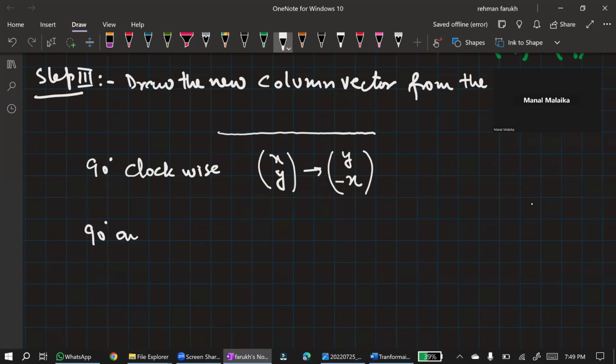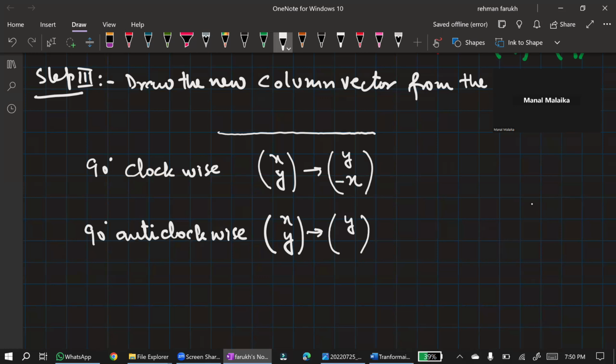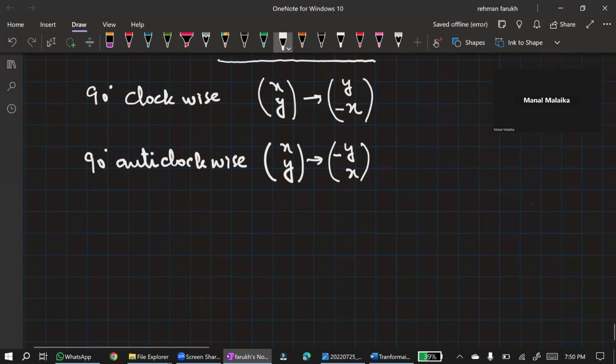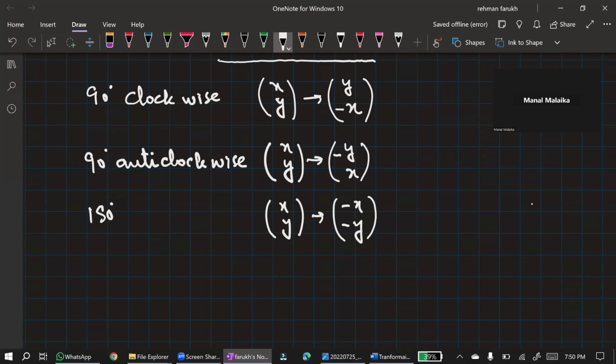For 90-degree anti-clockwise, we will interchange the two components and change the sign of y. For 180-degree rotation, we will change the signs of the components and draw the new components from the center.